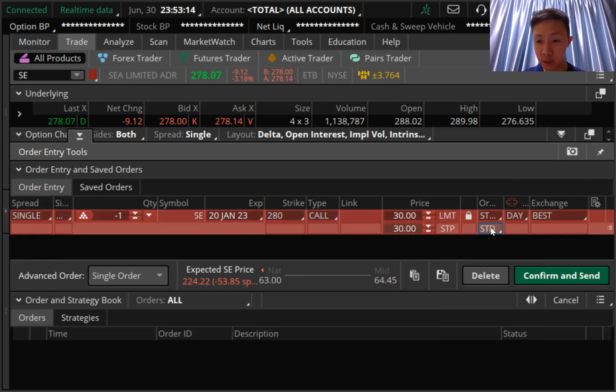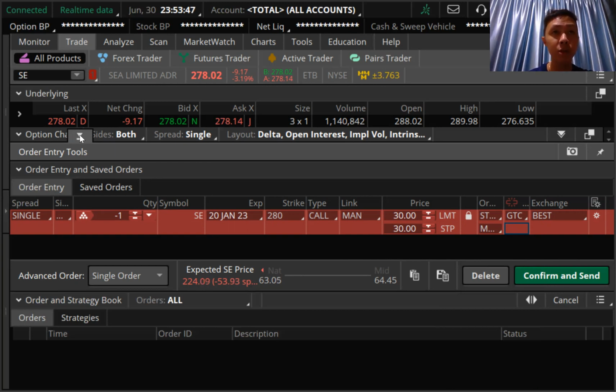Then change this from standard to mark, and change to GTC. GTC is good till cancel. This trade will be active until executed. So this is how you set stop loss for your LEAP call.